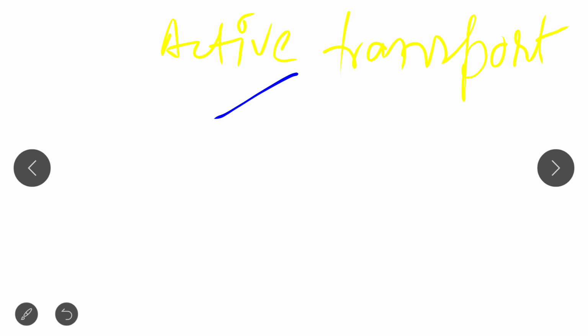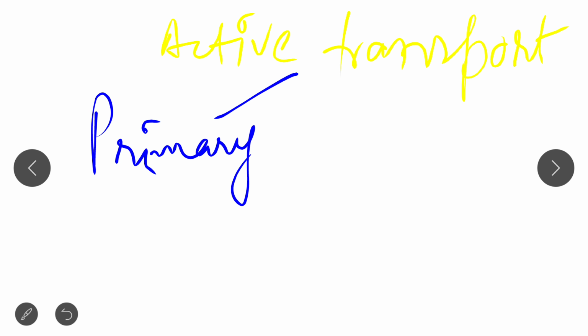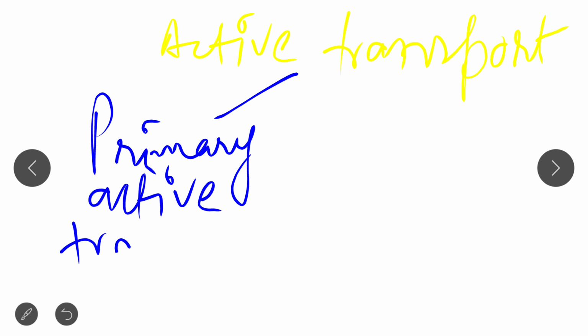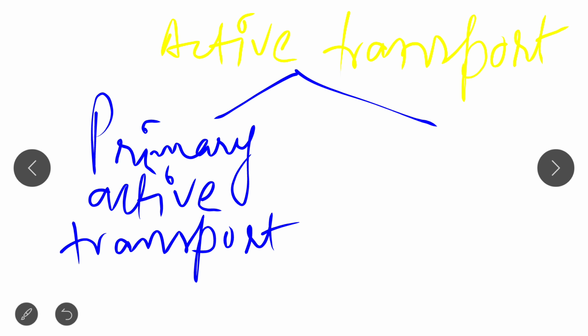One is primary active transport, and another one is secondary active transport.